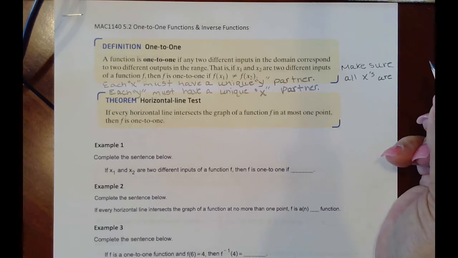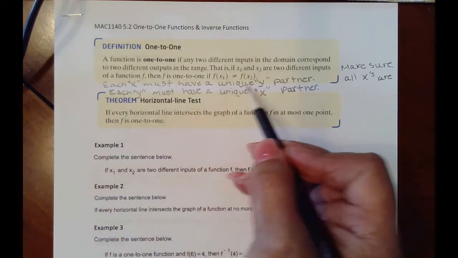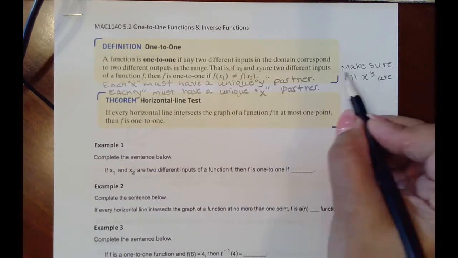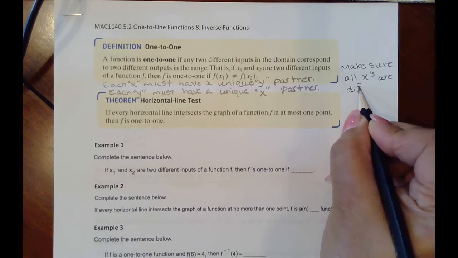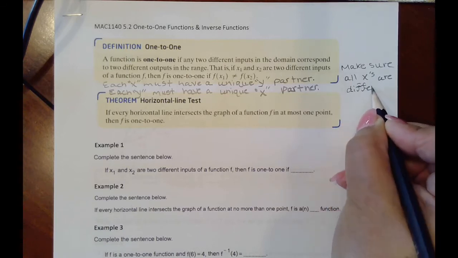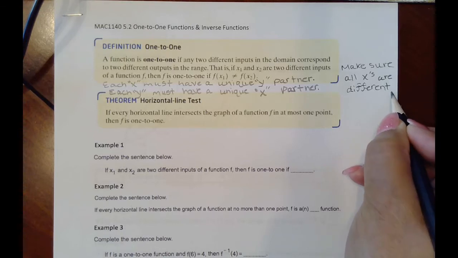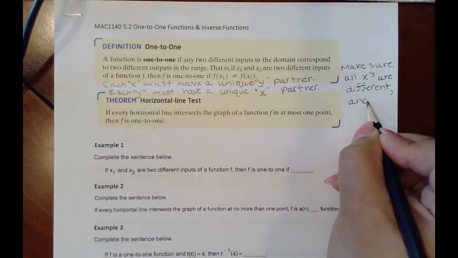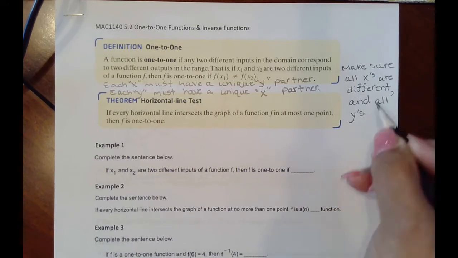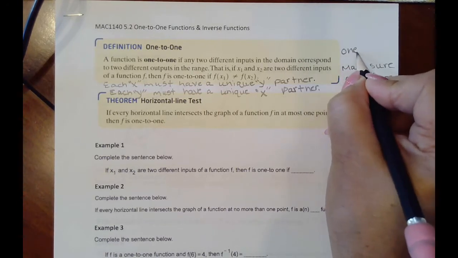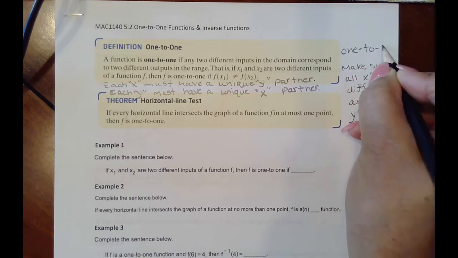Because if all the x's are different, there's no way that any x could be associated with more than one y partner. So you'd be checking that each x has a unique y partner. And you also have to make sure that all the y's are different. Okay, easiest way to check whether something is one-to-one.